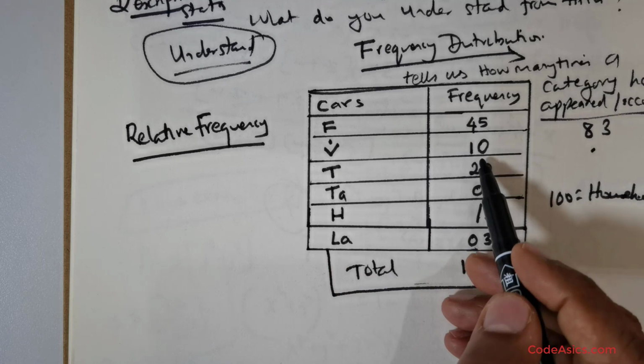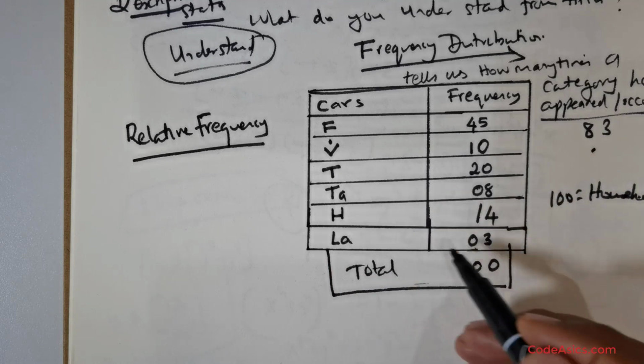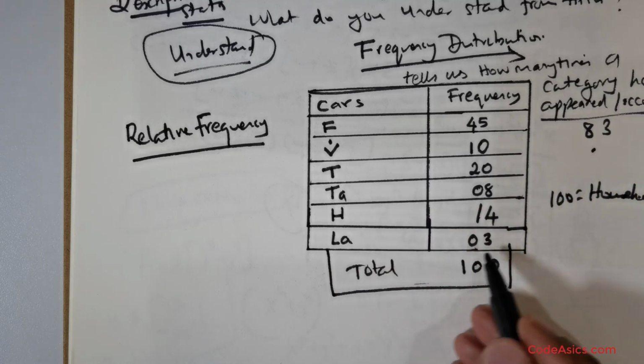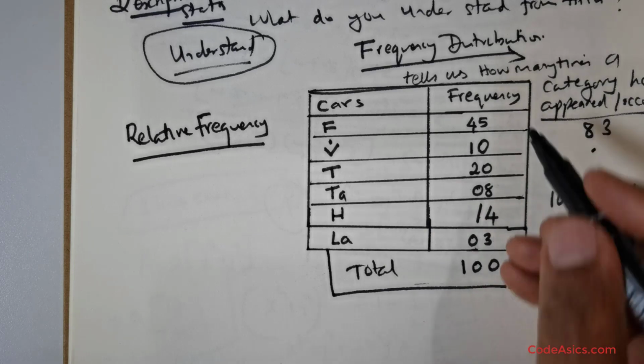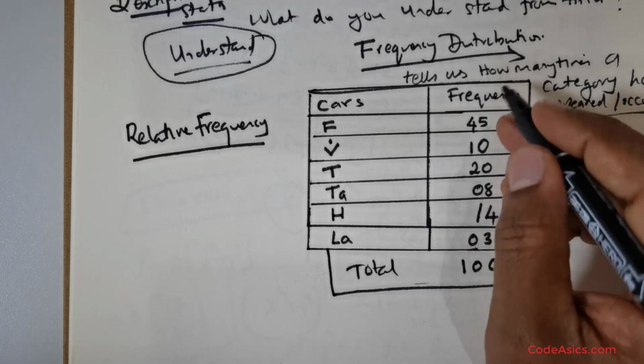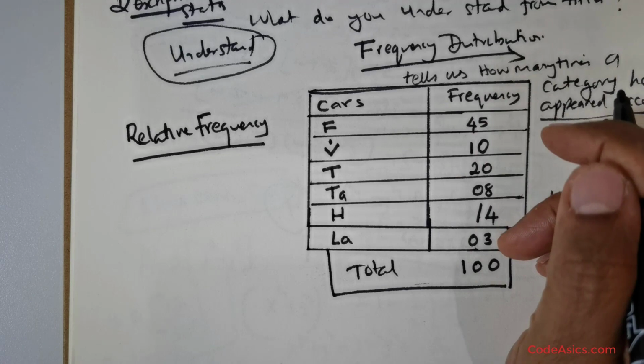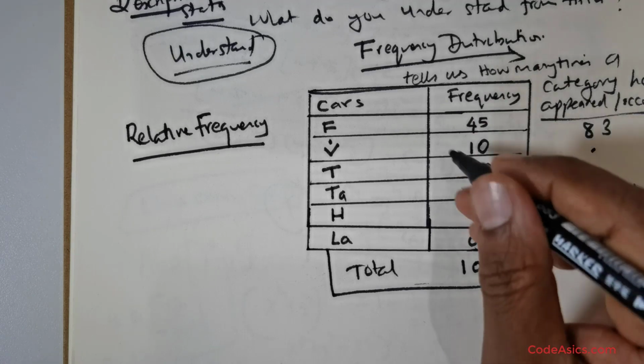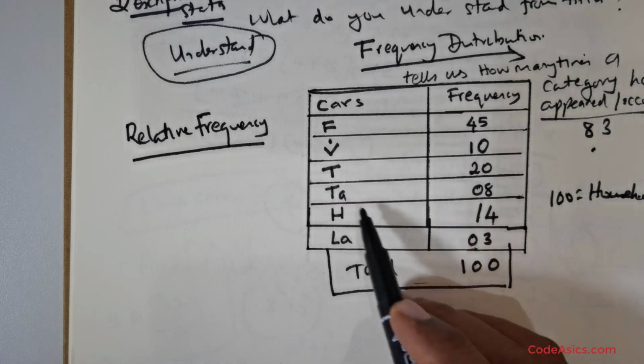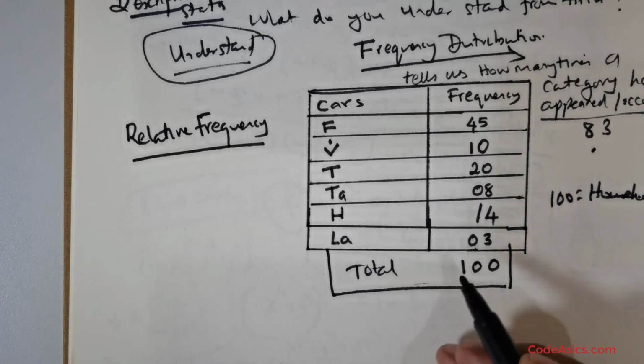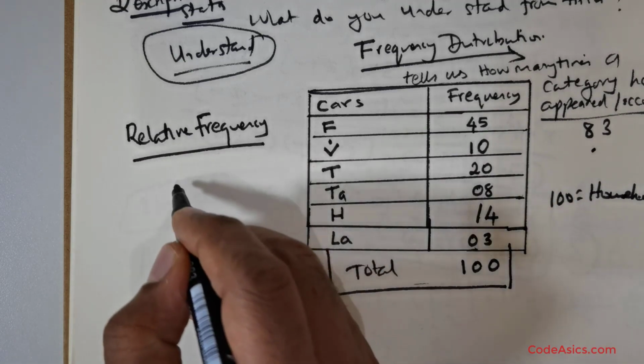V is a category, it has occurred 10 times, and so on and so forth. And Lamborghini is a category which has occurred 3 times. Now this gives us the number, but from this number, our ability to understand the distribution of the category is limited. So we go to relative frequencies.